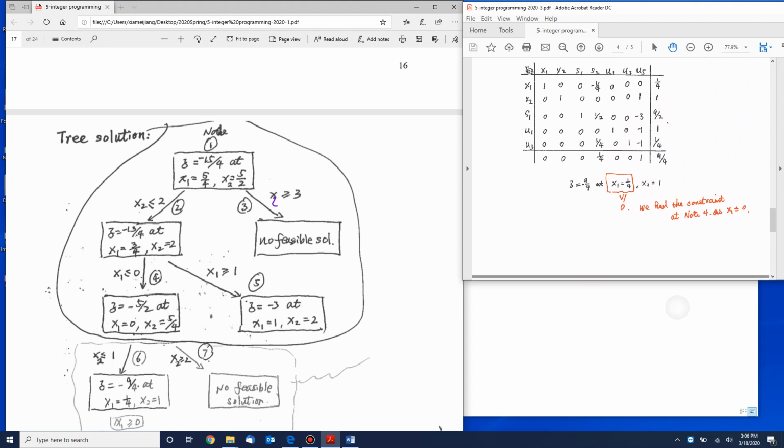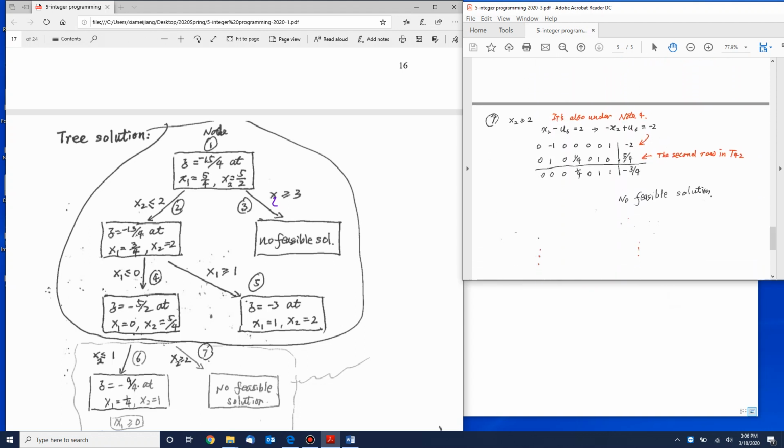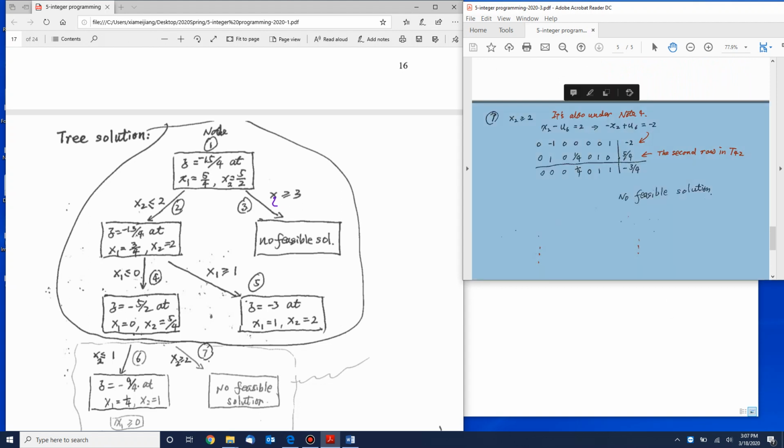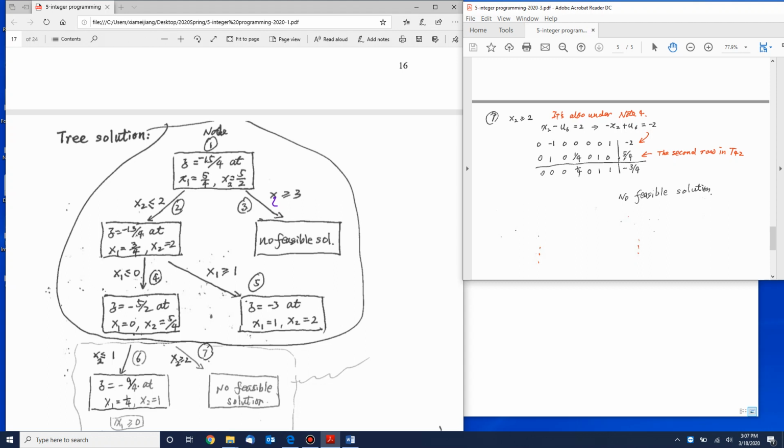Okay, so you may make a copy. That for x2, we bring it into that. You could see there is on the left of the row, the new constraint here. You could see there's none of them is negative.